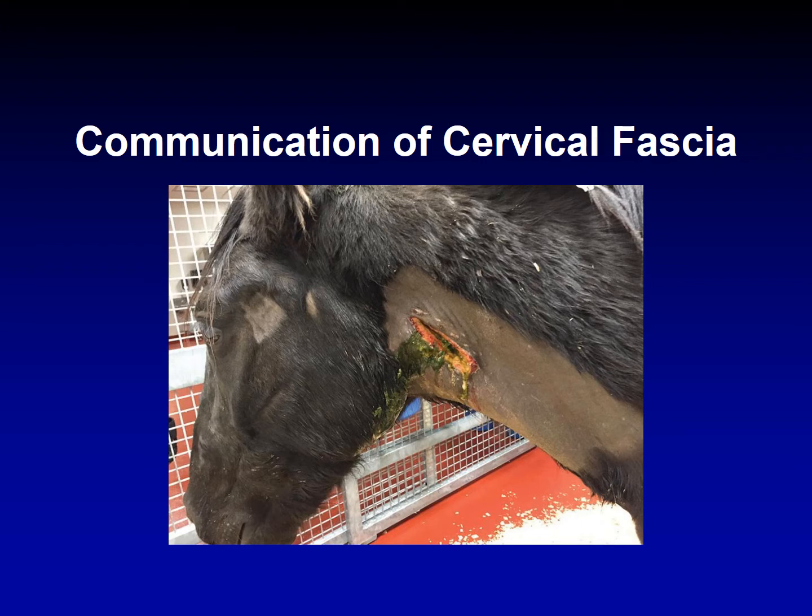The clinician's or practitioner's nightmare is for this infection to go all the way into other structures such as the trachea, the carotid sheath, and descend to the thoracic cavity and to the lungs, causing pneumonia and death.